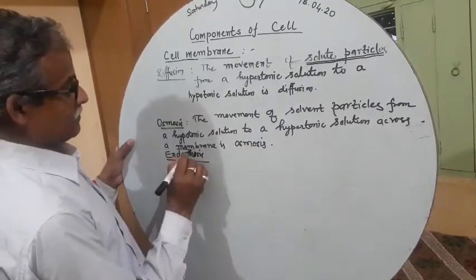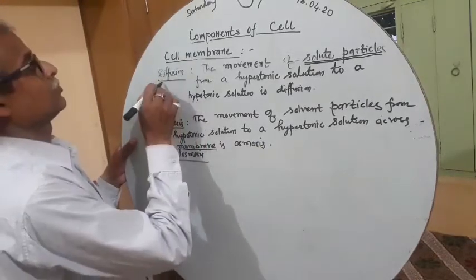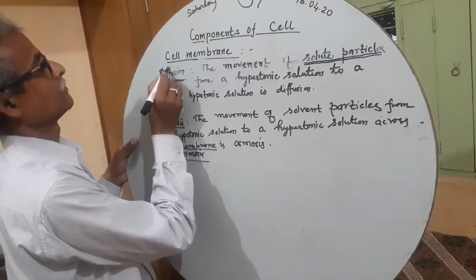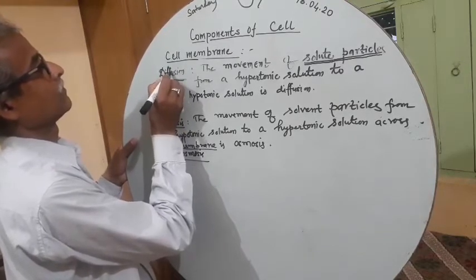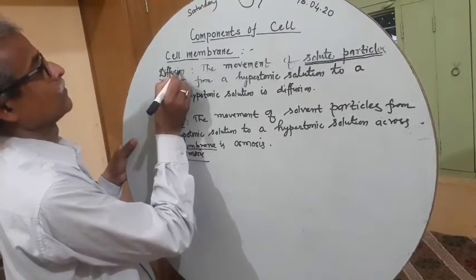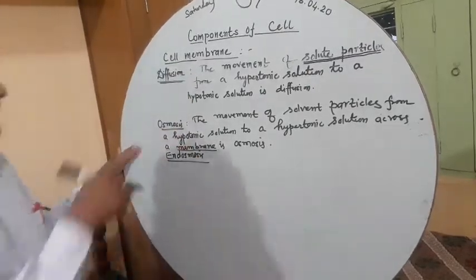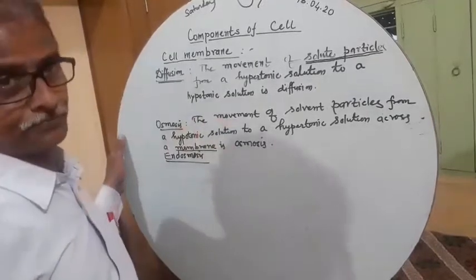This membrane is not needed in case of diffusion. This membrane is needed only in osmosis.